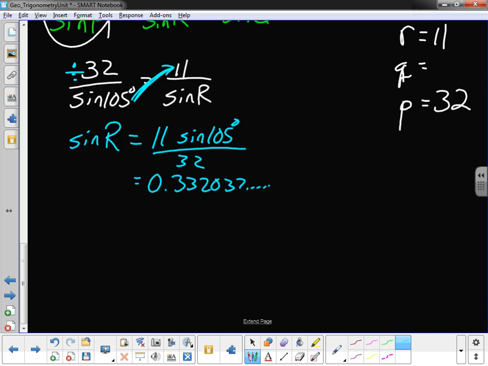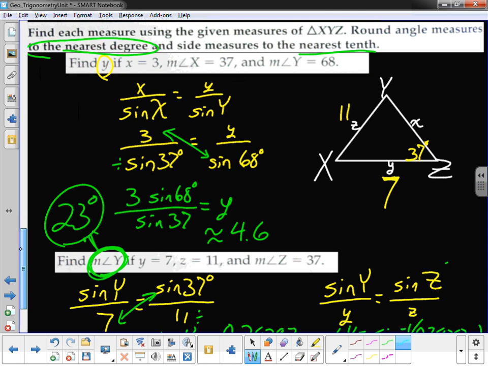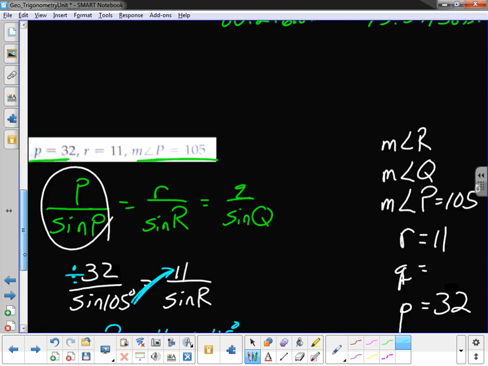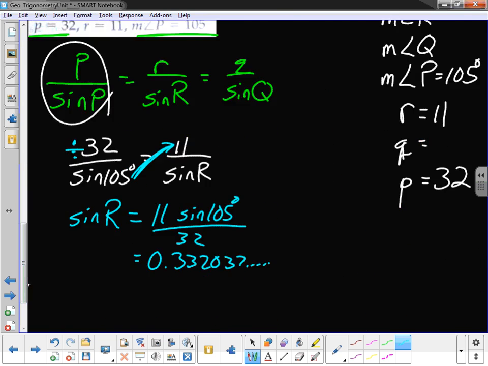Now, to figure out what the actual measure of angle R is, I have to do the inverse sine, the arc sine of this number, as close as possible.